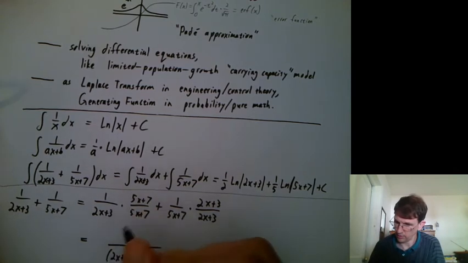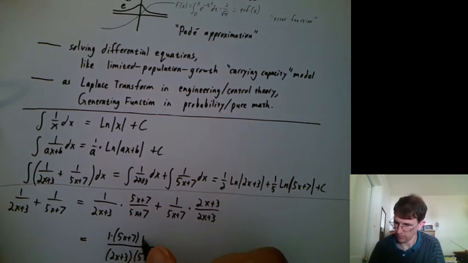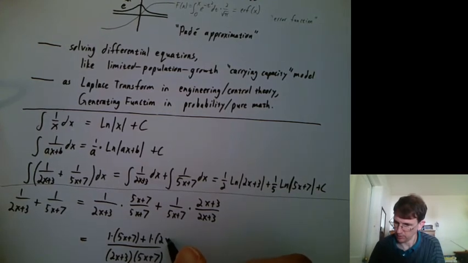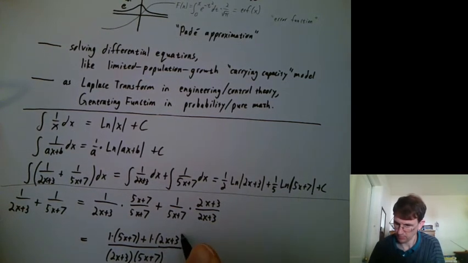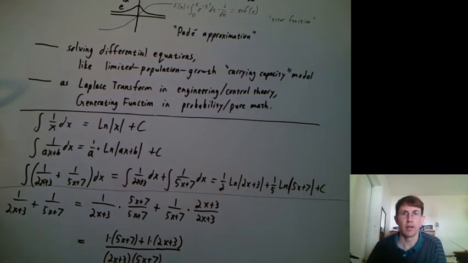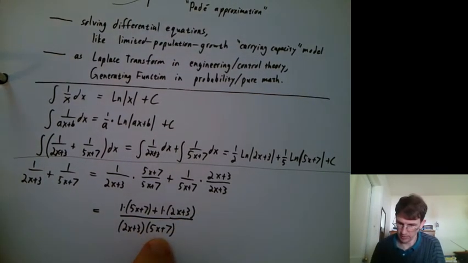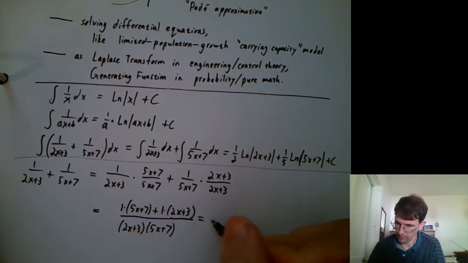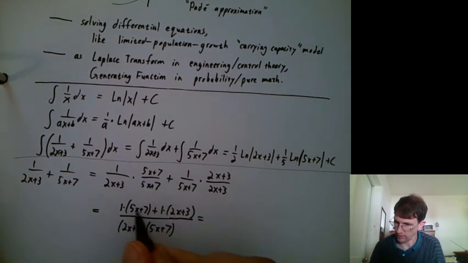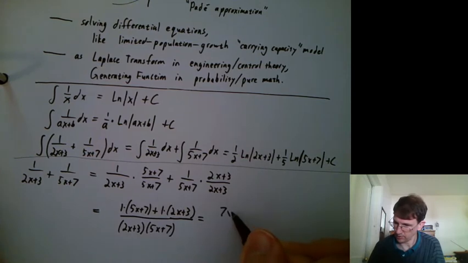And the numerator would be 1 times 5x plus 7 plus 1 times 2x plus 3. And then if you simplified the top, let's leave the bottom as it is for now. You'd have a 5x plus a 2x, so you'd have a 7x.